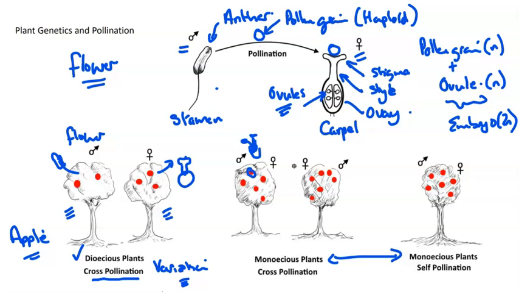Where the pollen grain is transferred from the anther on one plant to the carpel on a separate plant, we call this cross-pollination. And as with the dioecious plants, this encourages genetic variation in the offspring, which is one of the primary benefits of sexual reproduction.